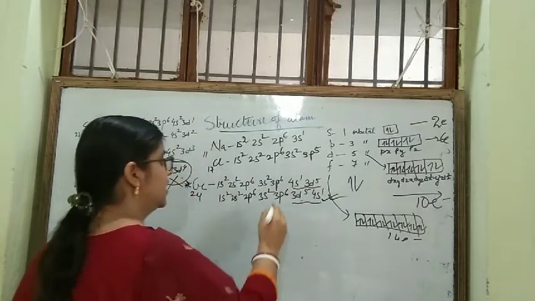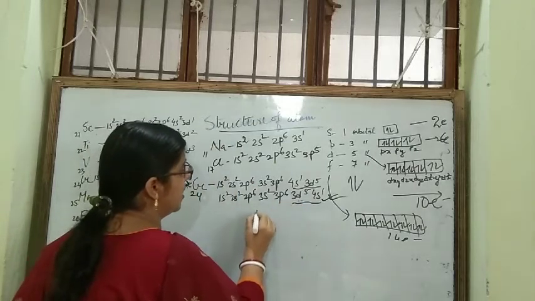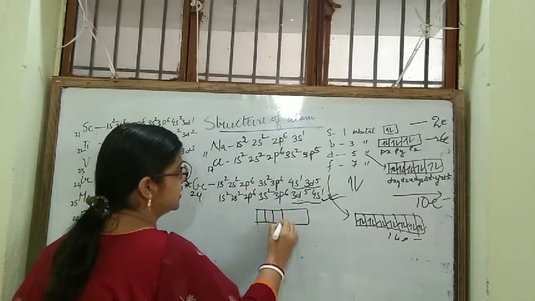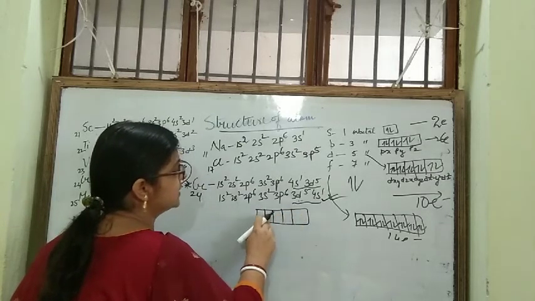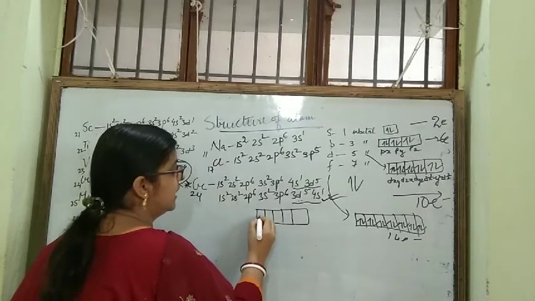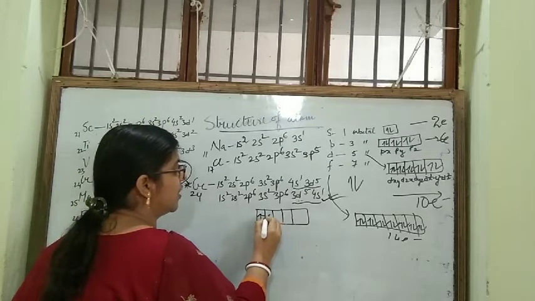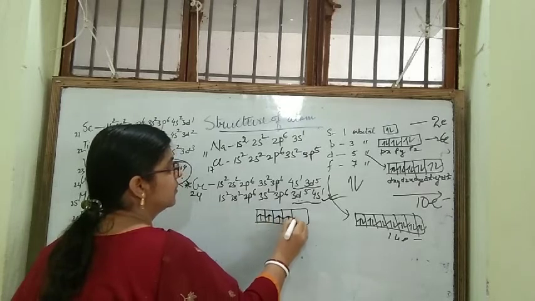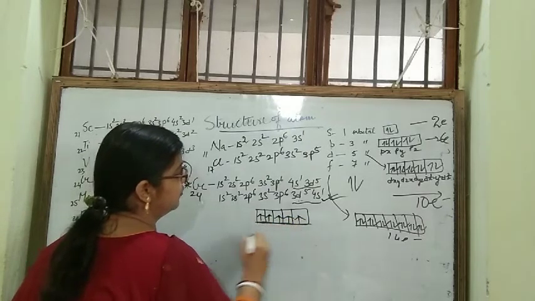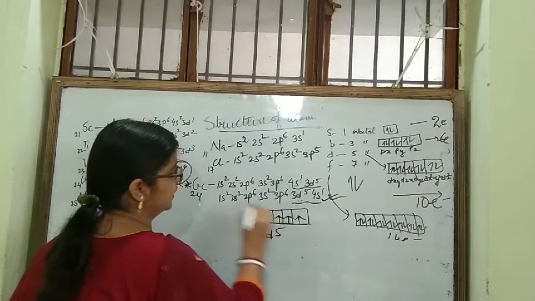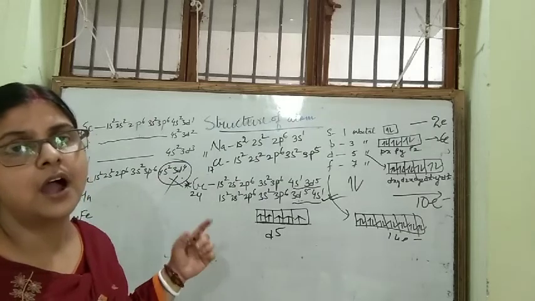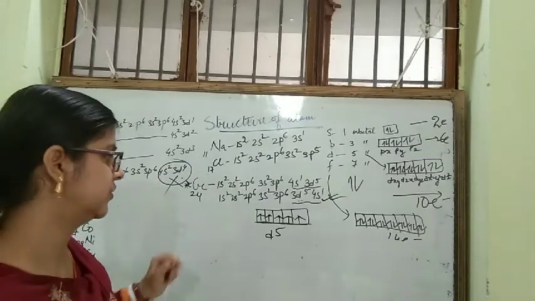Here you see, the d orbital of chromium is half filled. Yes, students, we have learned the d subcell has got 5 orbitals, and if each orbital is singly filled, then it is said to be half-filled electronic configuration.